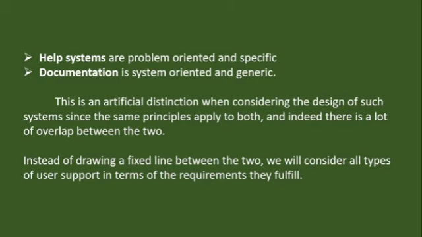So instead of drawing a fixed line between the two, we will consider all types of user support in terms of the requirements they fulfill. So, as it says here, let us consider the types of user support in terms of what is needed for the system to fulfill the needs of the user.